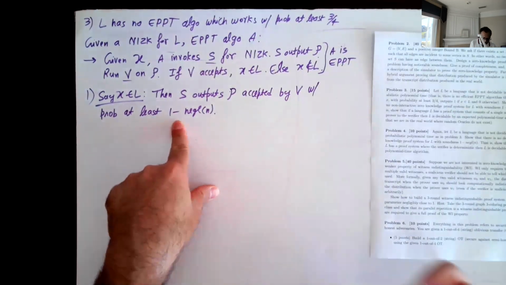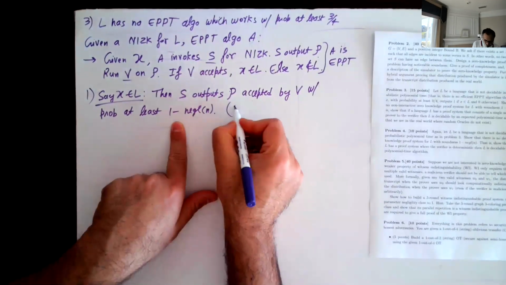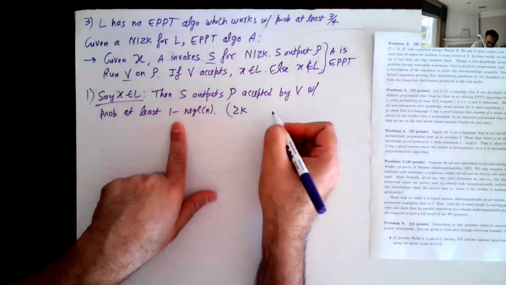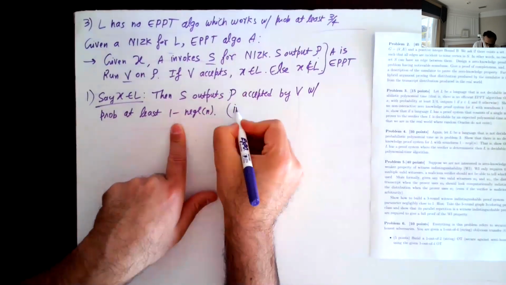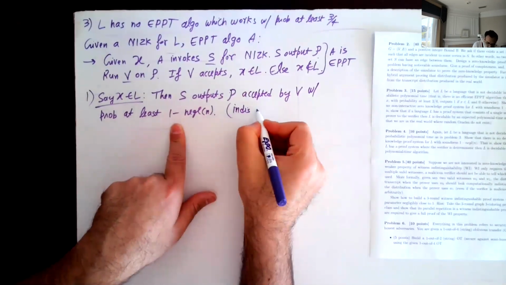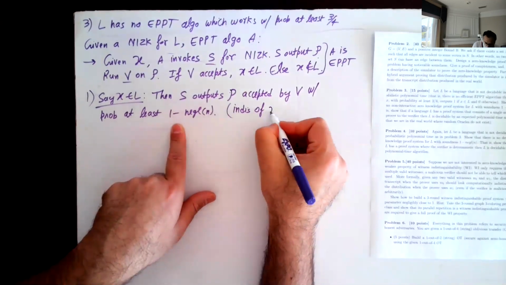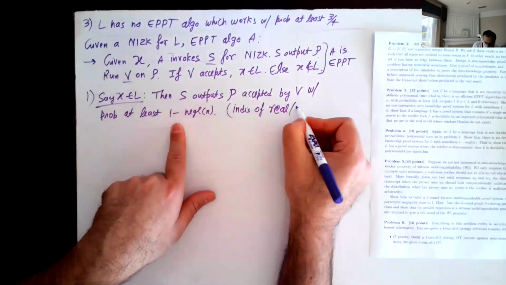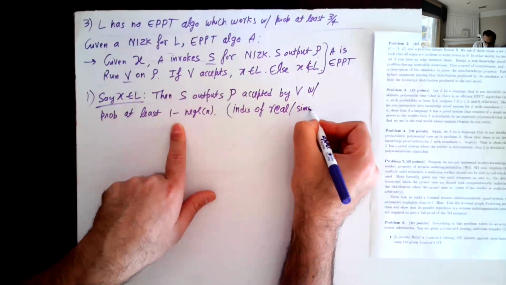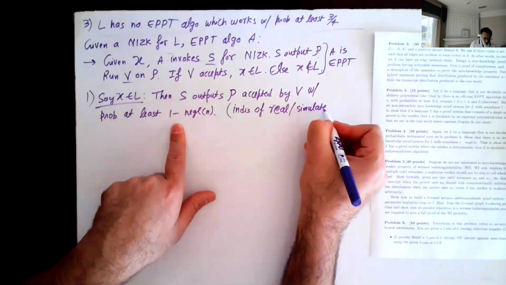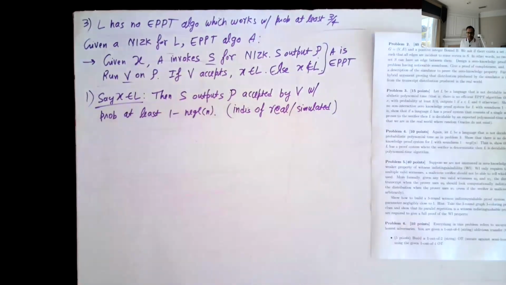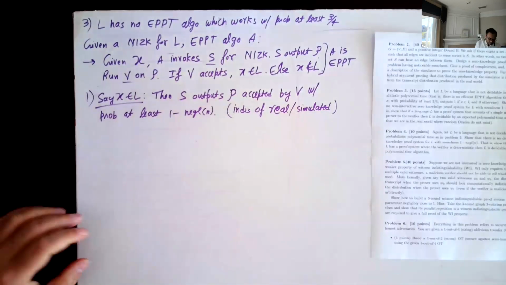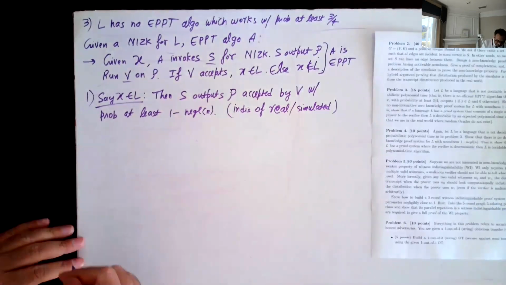This follows from the indistinguishability of real and simulated. Okay, so if X is in L, our algorithm is doing very well. Our algorithm is actually saying X is in L with probability 1 minus negligible.